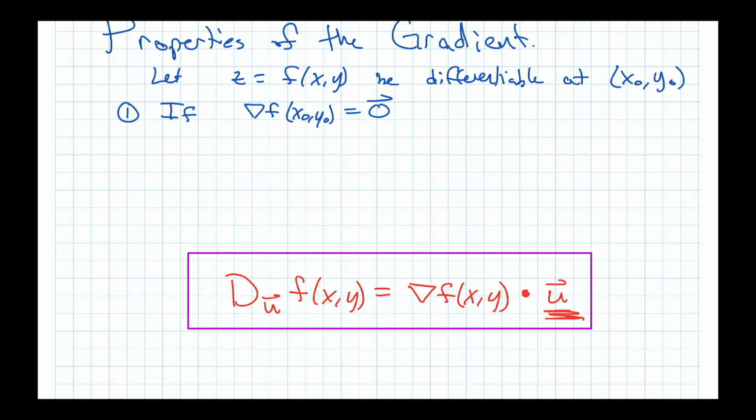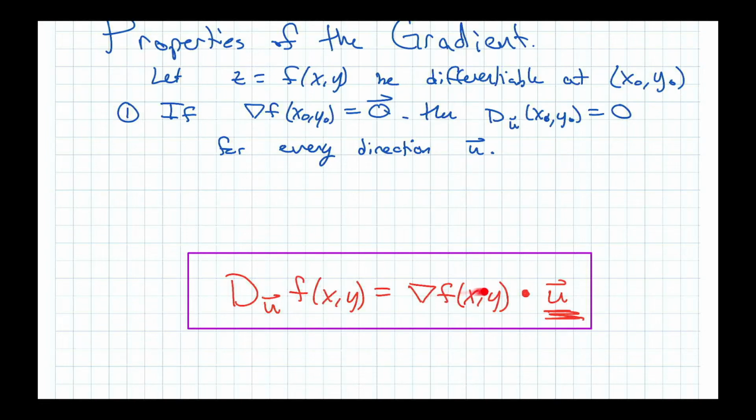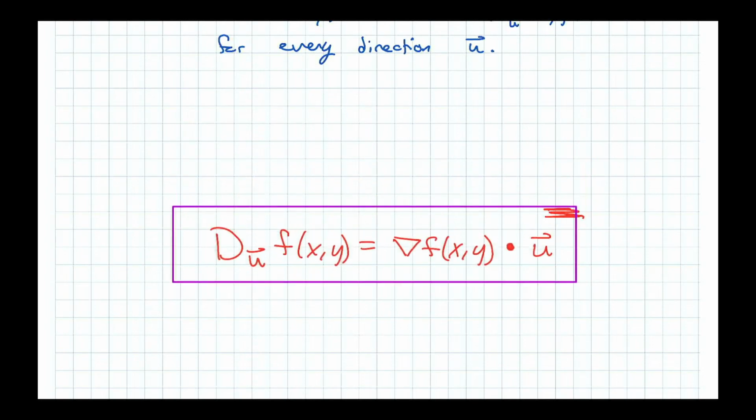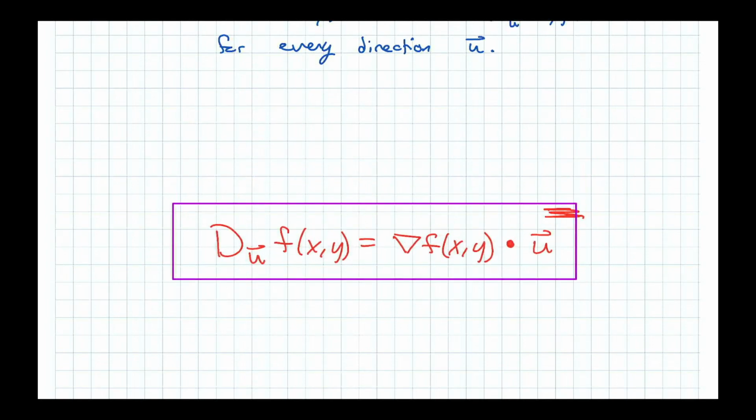So if the gradient is zero, then the directional derivative is also going to be zero for any or every direction u. It's obvious from the formula because, of course, if you dot product zero with something, you get zero.